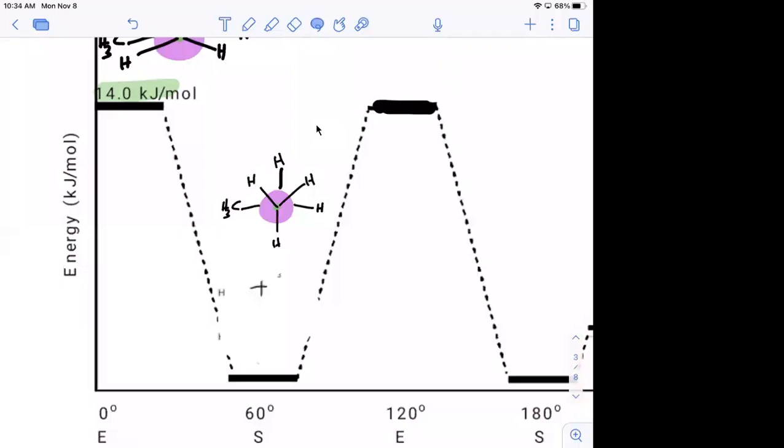All right. So now we've alleviated that by doing what? Conformational mobility, rotating around the carbon-carbon bond to alleviate that strain. So this is effectively zero. That's why you see it all the way down that well.